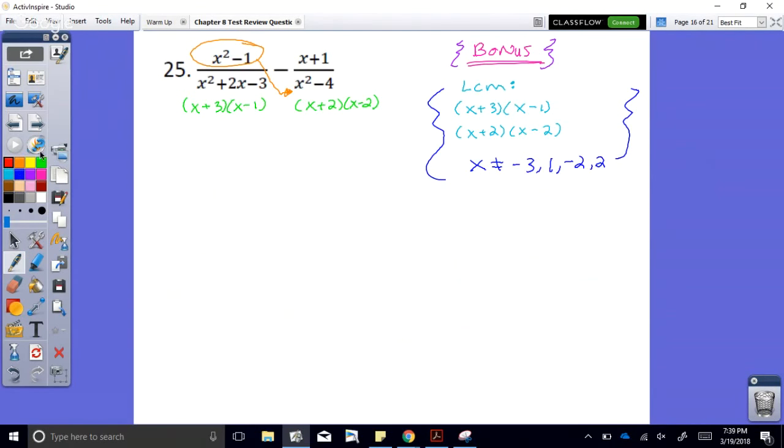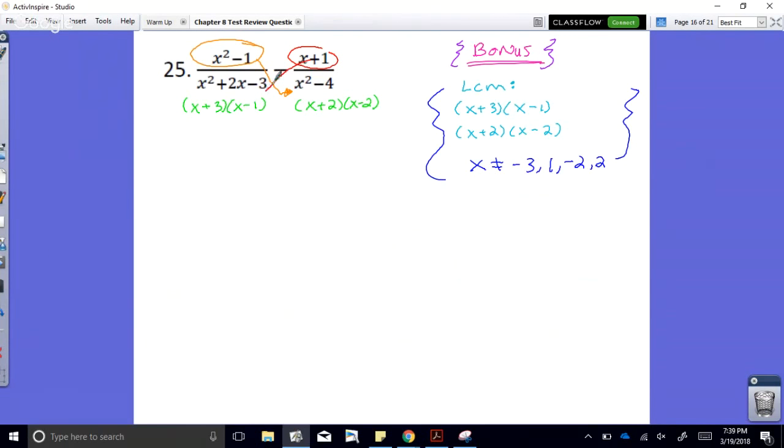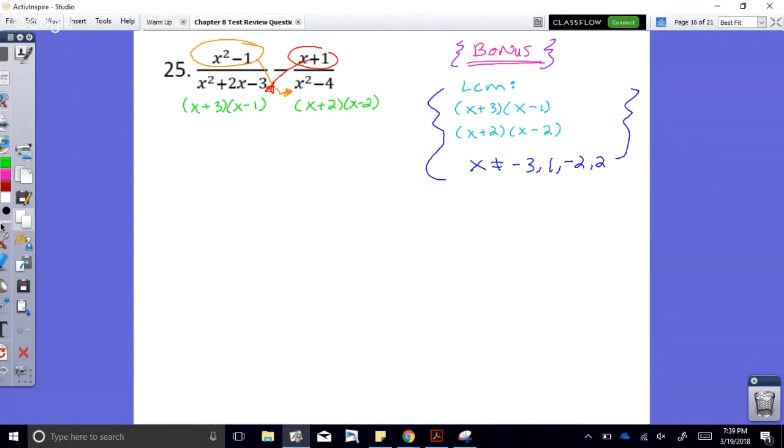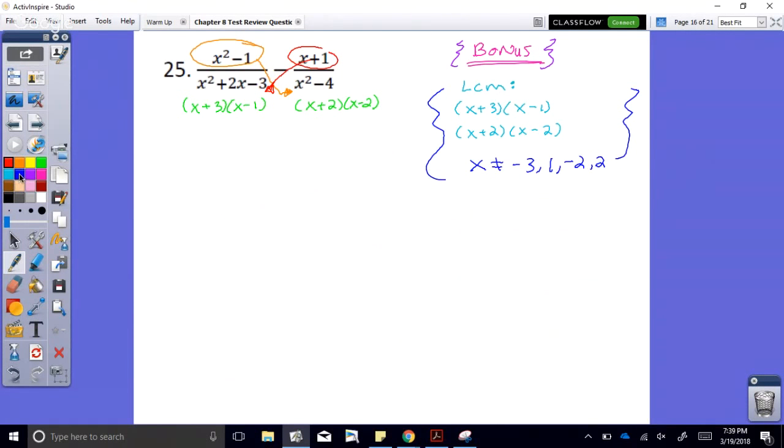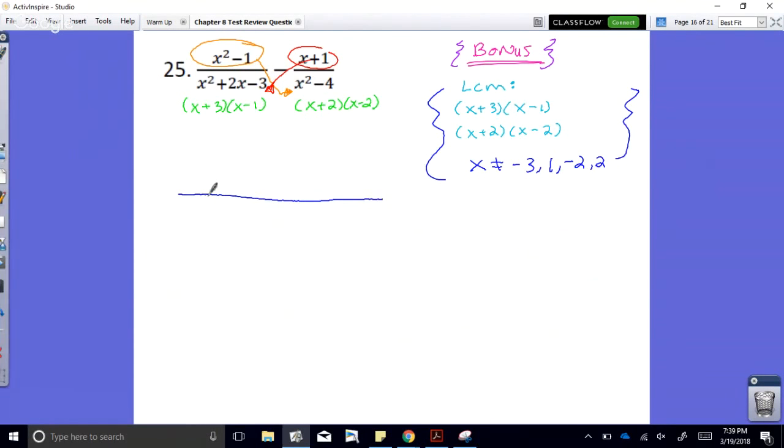Okay, and this piece is missing that. So to make this a little bit easier on us, I'm going to go ahead and write my denominator, which has got all the pieces. It's going to have an x plus 3, an x minus 1, an x plus 2, and an x minus 2.